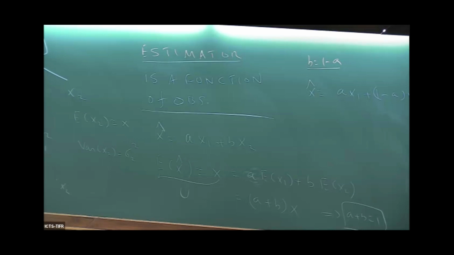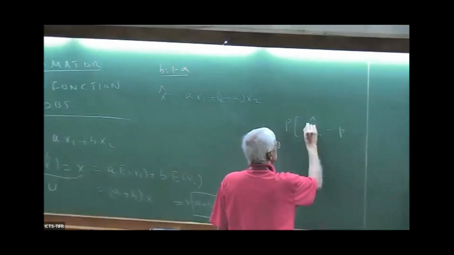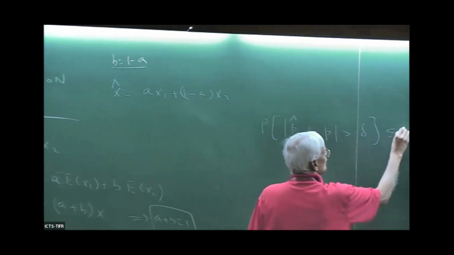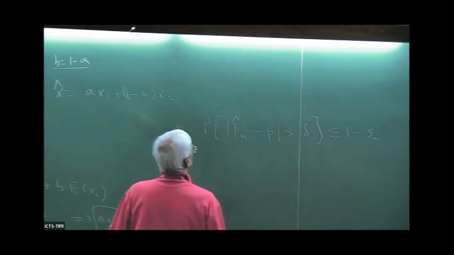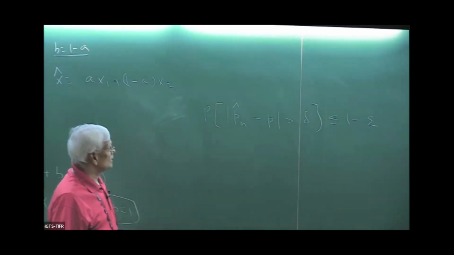In probability theory, there's a term for that. The estimate P hat converges to P in probability. That's a theorem in probability. The probability that the absolute value of P hat of n minus P is greater than delta is less than or equal to 1 minus epsilon as n becomes large.